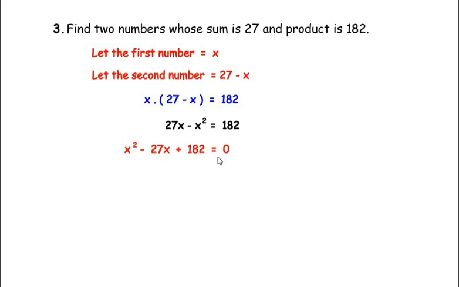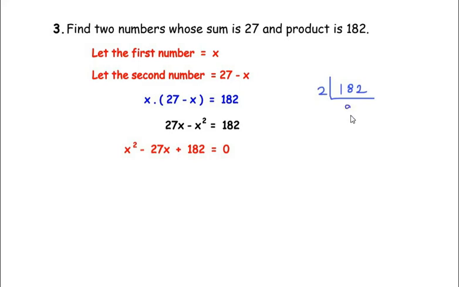Now factorization. So we are going to multiply the coefficient of X square with the constant, that is 1 times 182 gives us 182. So now we have to find out the factors of 182. So let us start with the prime factorization because this is a big number again. So we are going to take the number as 2 because 182 is divisible by 2.